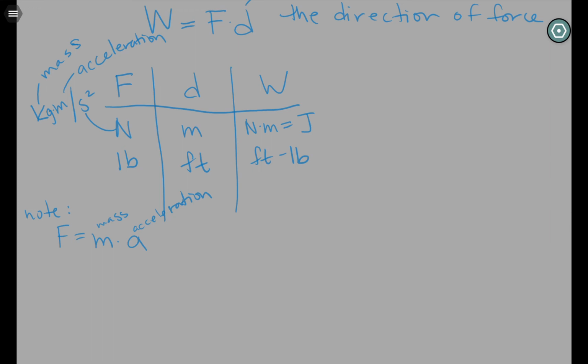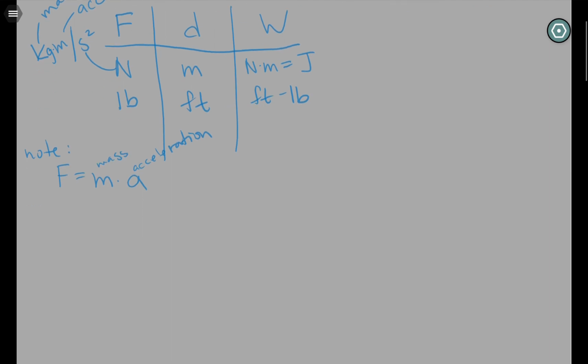And once again, since we very typically look at the weight of the object being the force and the distance being lifting it up, this is where gravity would come into play. So negative 9.8 meters per second squared.